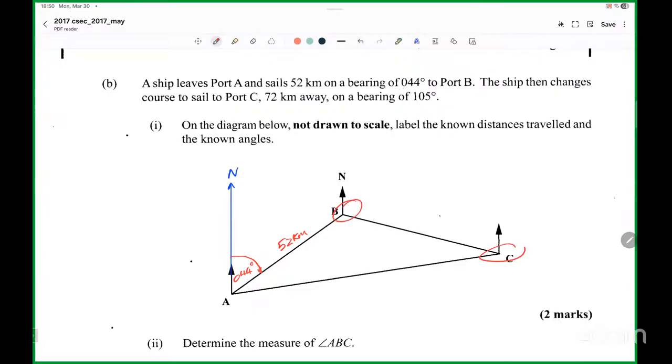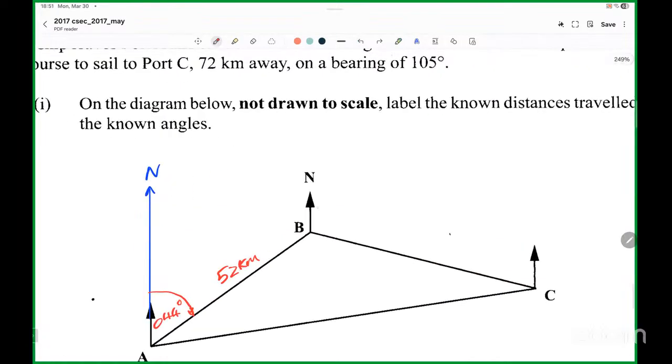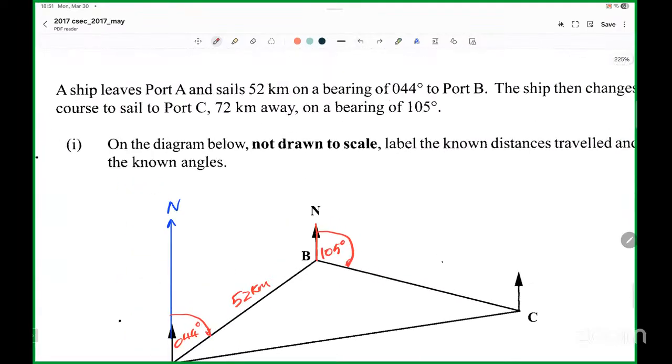So from here to here, the direction is 105 degrees, measured clockwise again from the north direction. That distance is 72 kilometers.